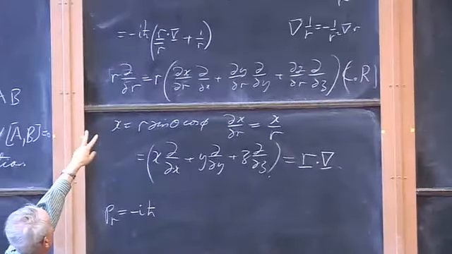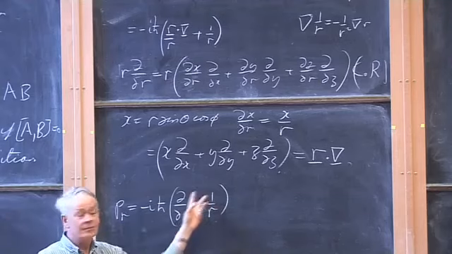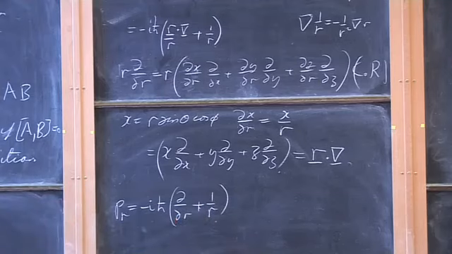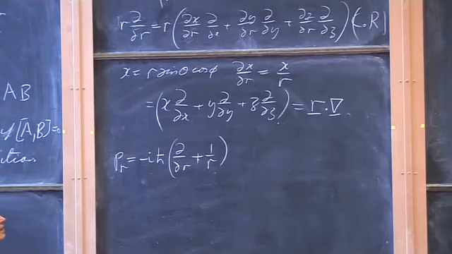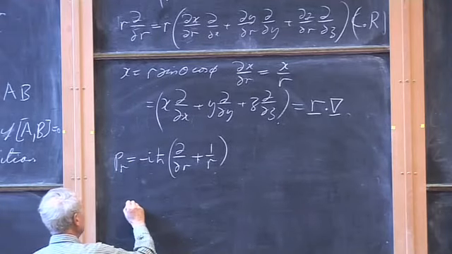So we have an interesting result. We have that the momentum associated with the radius is not simply d by d radius, like the momentum associated with x is d by dx. There's also this additional term in here.